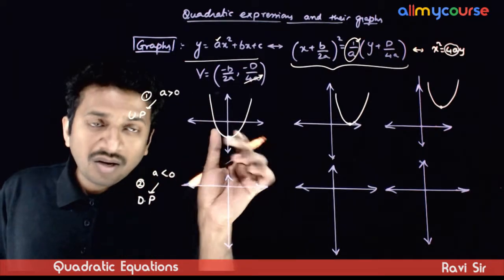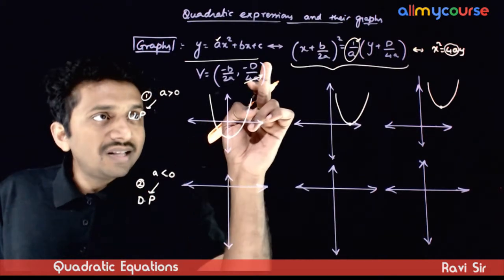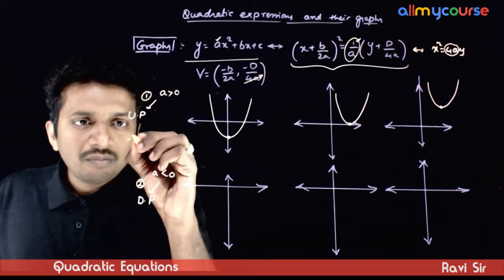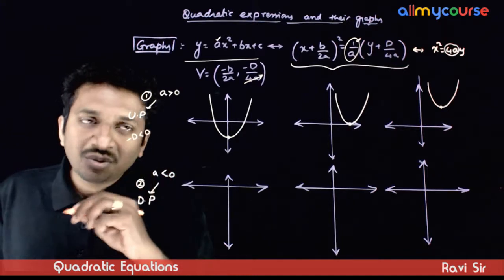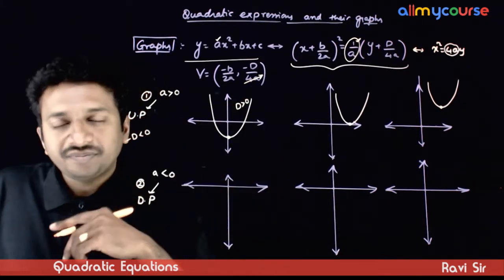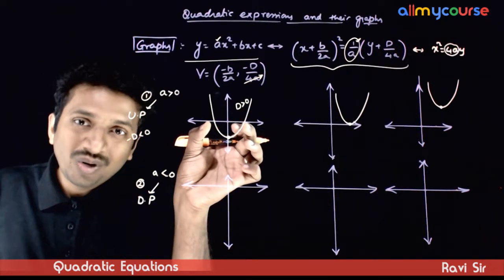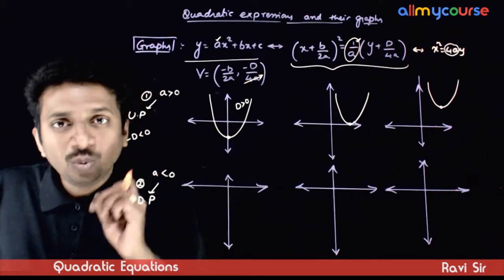So here I want the y-coordinate of the vertex to be negative. So minus d has to be less than 0. That means discriminant has to be greater than 0. So if discriminant is greater than 0, it has 2 real roots, so it cuts x-axis at 2 points.